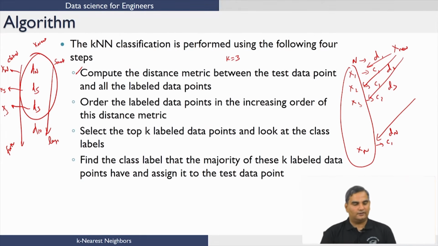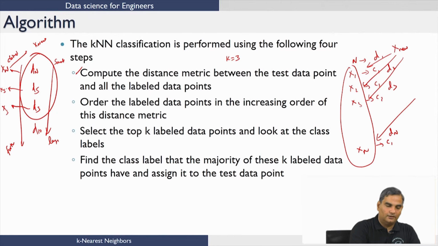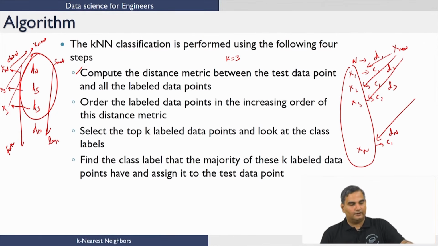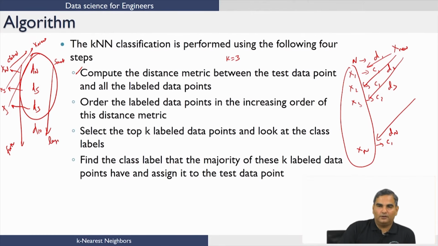Once we sort by distance from the smallest to the largest, we also know what the corresponding data points are. So, this is the data point xn, this is the distance between xn and x new, the distance between x5 and x new, and so on. Now I have these 3 data points that I picked out from the data set.